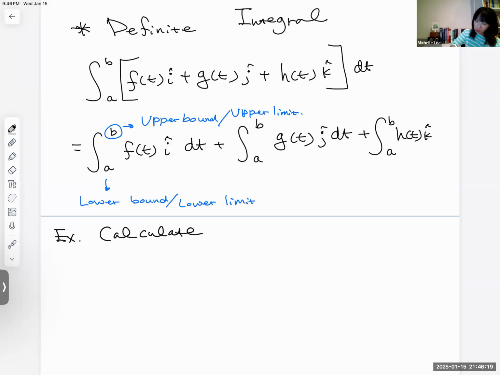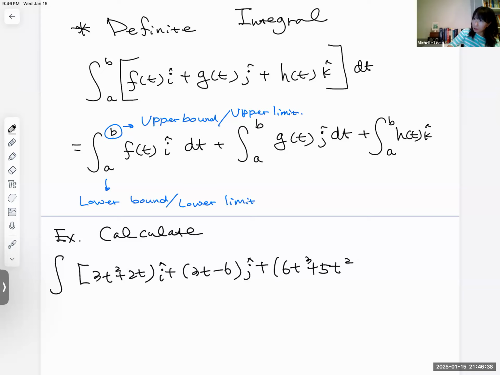So this one is indefinite integration. We have 3t squared plus 2t i, plus 3t minus 6 j term, plus 6t cubed plus 5t squared minus 4 k term, and then integrate with respect to t, right?